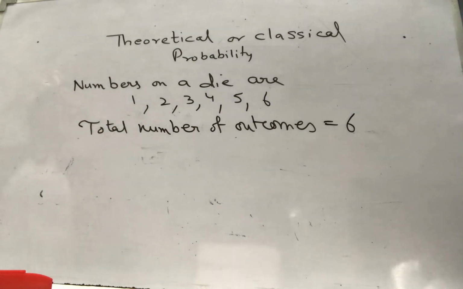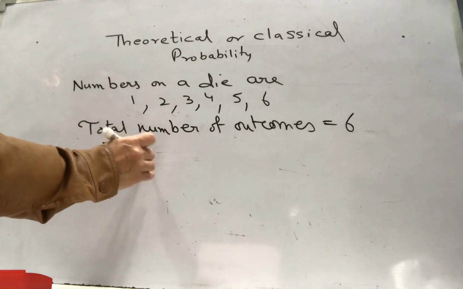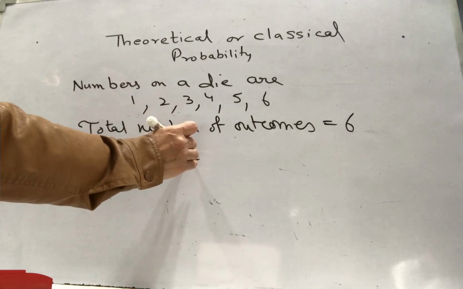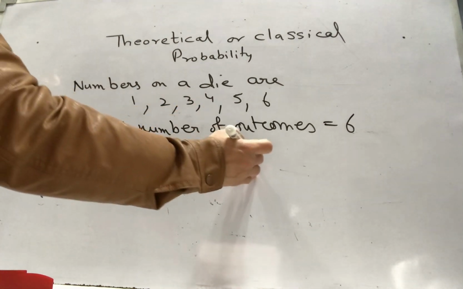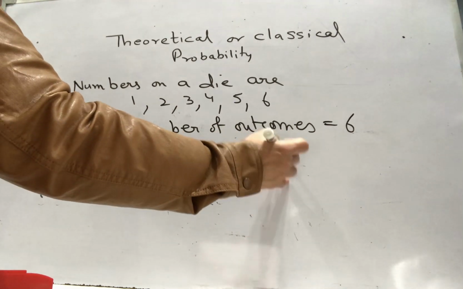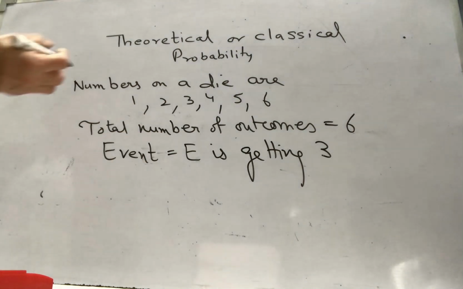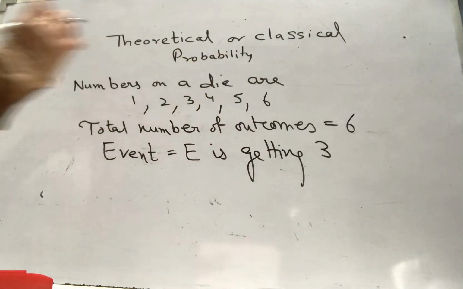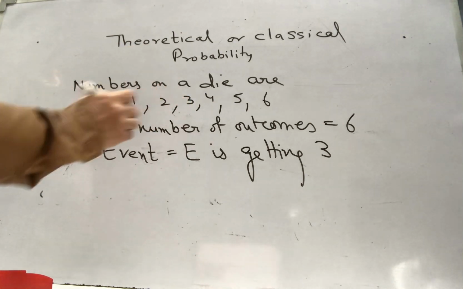Now in case my event, which I will write as E, is getting 3. How many times is 3 visible? One time only. So favorable outcomes are how many? Only 1.